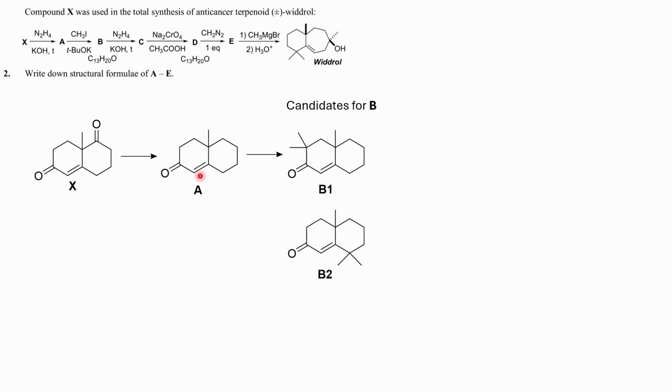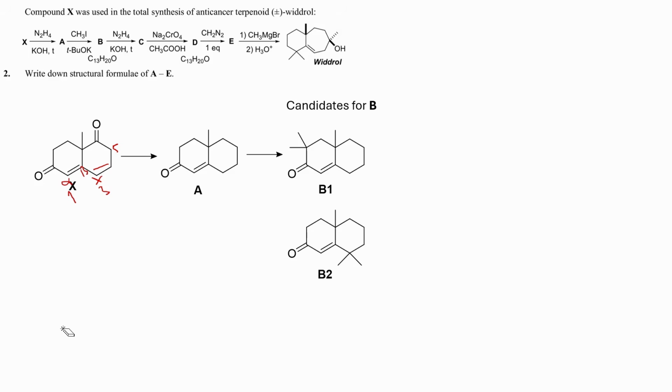As you can see, not only alpha, but if you have a conjugated system, your gamma position is also active. Let's say this is alpha, this is beta, this is gamma, and every odd position, let's say 1, 3, 5. If you have an extended conjugated system, the last one in the odd position from the carbonyl group, the hydrogen connected to that position is going to be acidic.